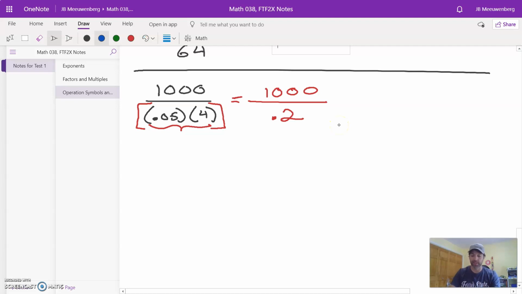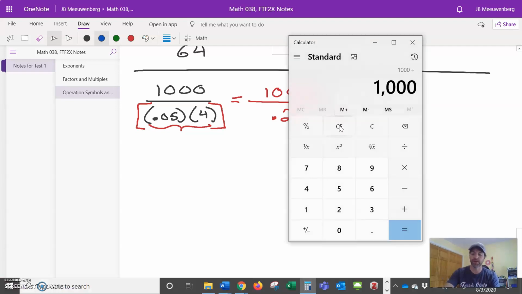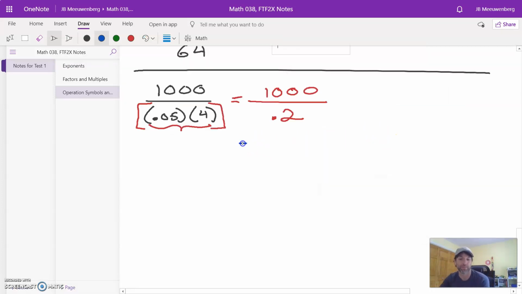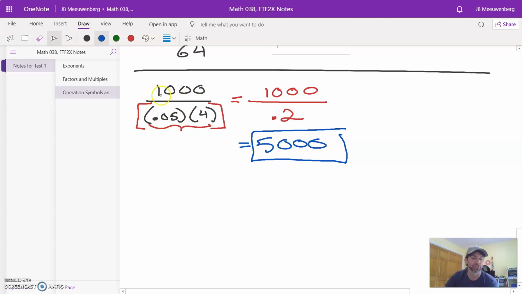And that equals 5,000. Definitely not 80,000 that we had by doing it the other way. This particular problem type is going to come up later in the class when we start working with interest and calculating interest. You'll often have calculations that look like this. A couple more.